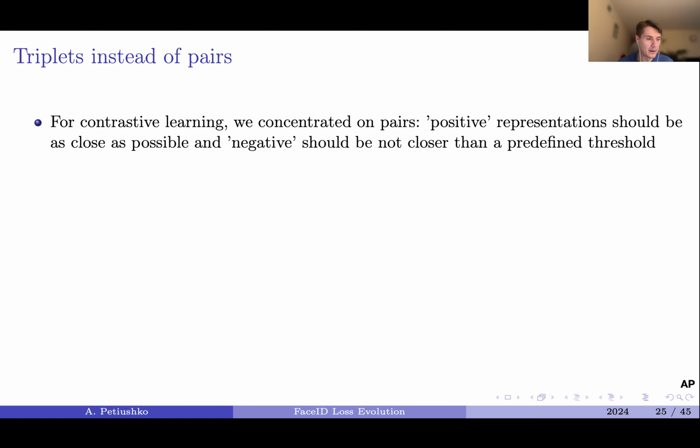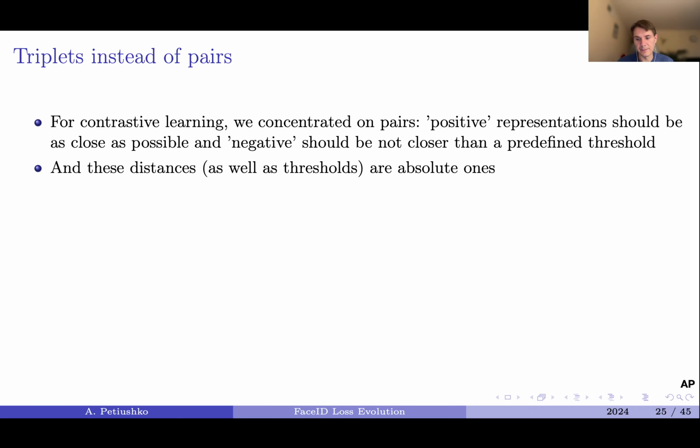What we have looked at before were absolute thresholds, absolute comparisons for contrastive learning. So we concentrated on pairs, positive and negative, and these distances as well as thresholds are absolute ones.